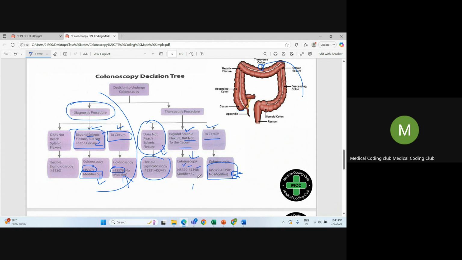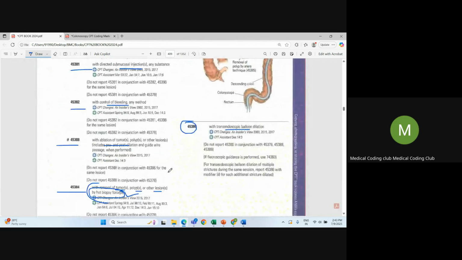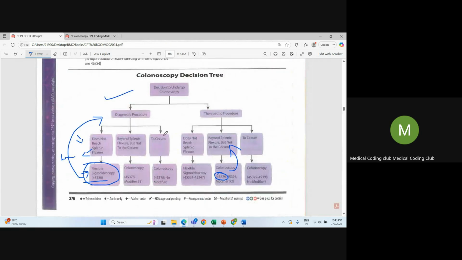It is all about therapeutic procedure. You need to check what exact procedure they are performing. So please know the decision tree, and if you get a coding guideline regarding the decision tree, come to this page. There is a decision tree in the book as well. Come here, check the question, like, are they asking diagnostic or therapeutic, and check your scenario and code it accordingly.